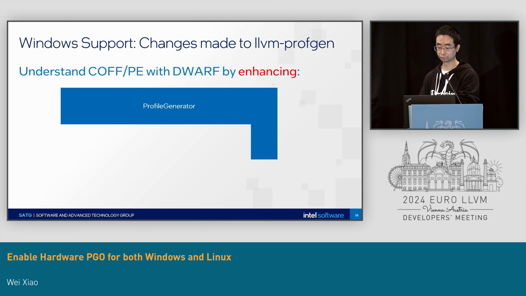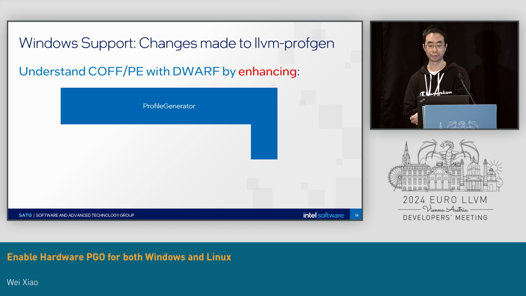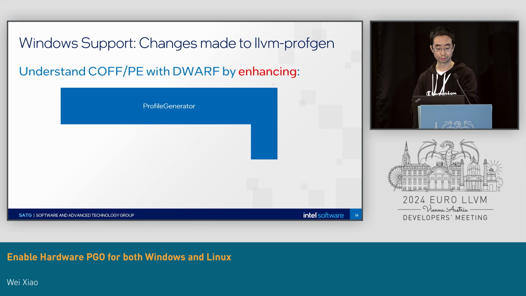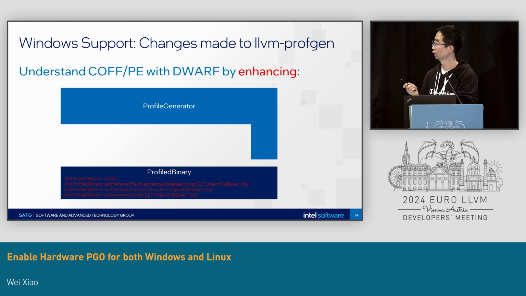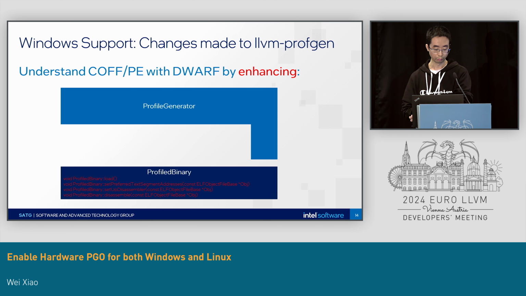The third thing for the Windows work is to make llvm-profgen understand COFF files with DWARF as the debug information. We enhanced two major components of this tool. The first one is the profiled binary. We made it able to load and disassemble the COFF file.